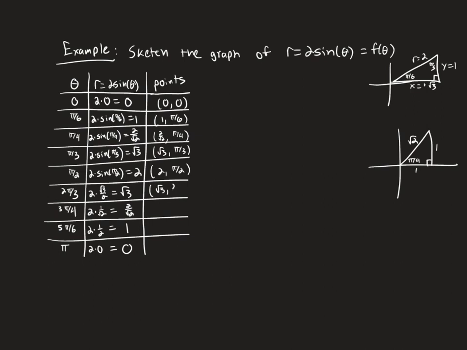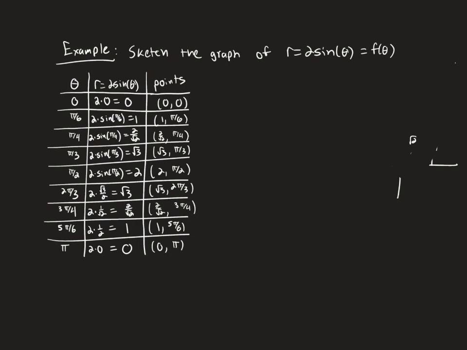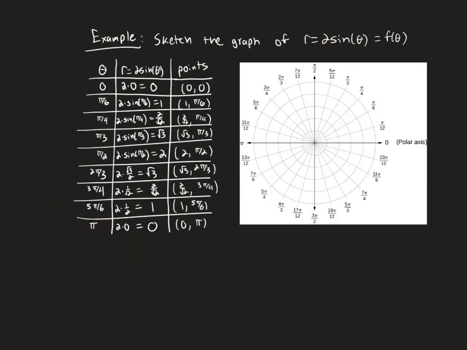Root 3, 2 pi over 3. 2 over root 2, comma, 3 pi over 4. 1, comma, 5 pi over 6, and 0, comma, pi. I'm going to erase this stuff over here, and I'm going to bring in a polar graph so we can see what these things turn out to be.